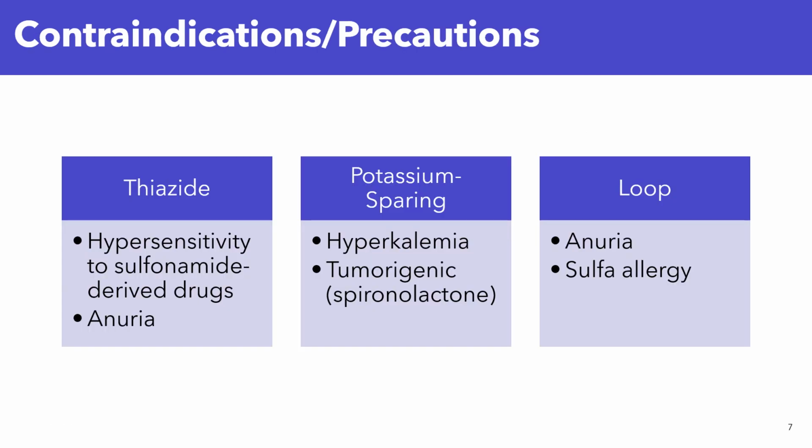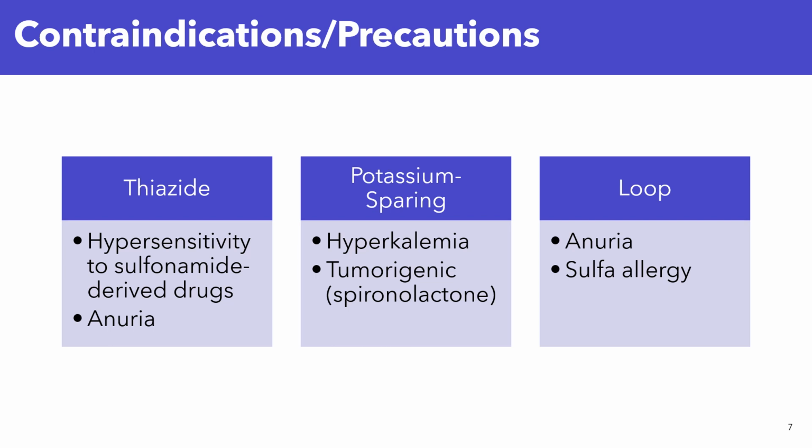Let's look at contraindications and precautions to be aware of when it comes to diuretics. With thiazide diuretics, hypersensitivity to sulfa: there's a potential for cross-reactivity with sulfa drugs. And if you have anuria, it is contraindicated. Potassium-sparing diuretics, as I've mentioned before, can cause hyperkalemia, so if you already have hyperkalemia, it is contraindicated.